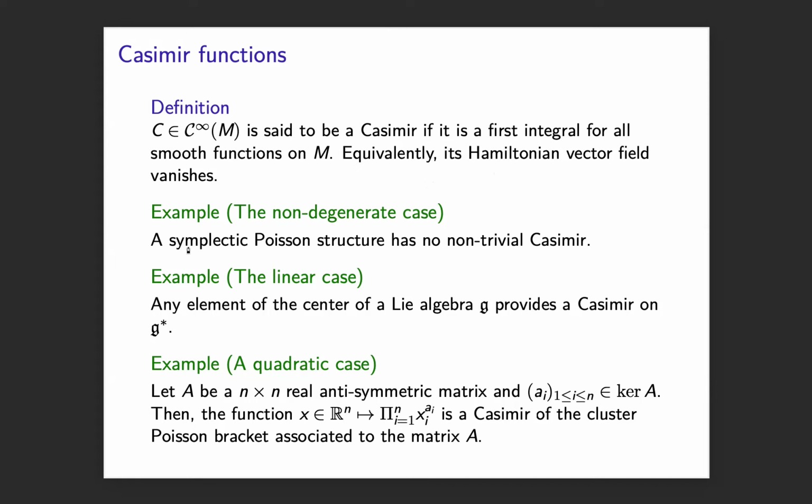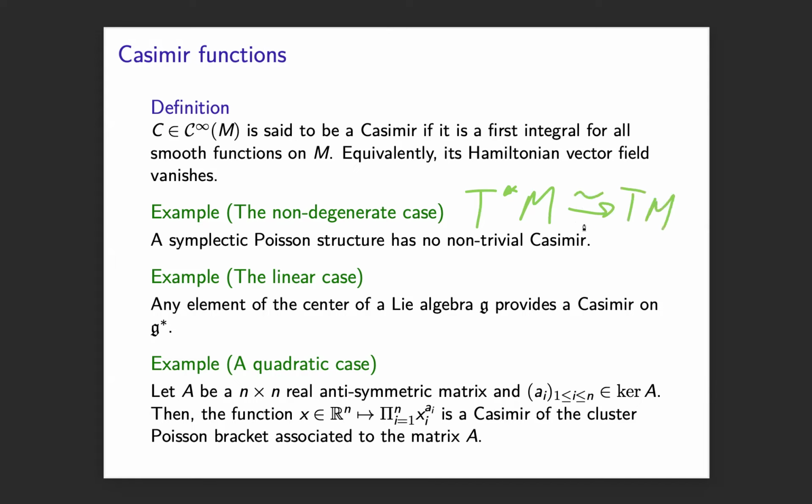So as an example, a symplectic structure has no non-trivial Casimir because remember that the map from T star M to TM is non-degenerate.